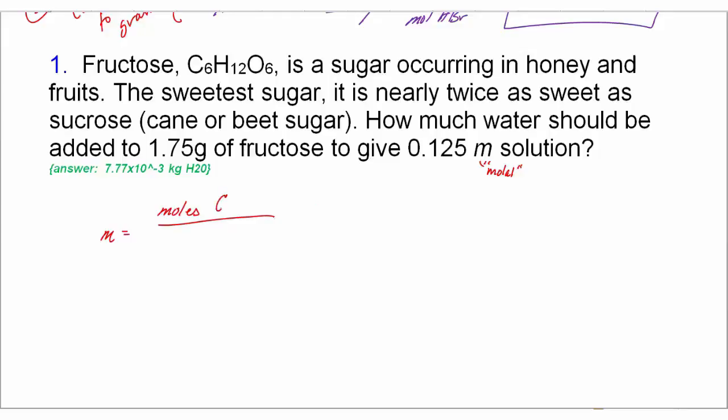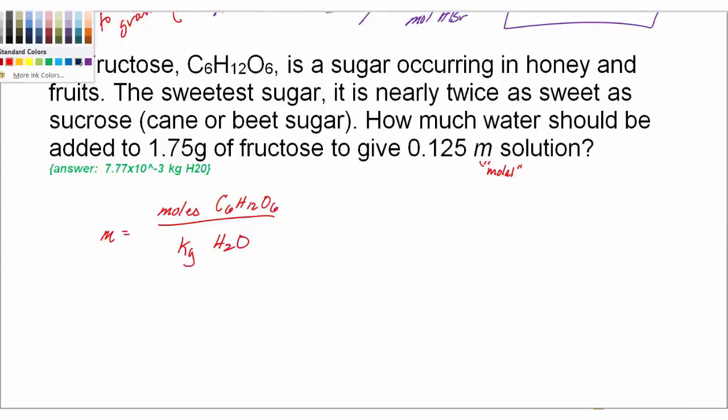It's that fructose. It's kind of easier, I think, if you do that. Instead of writing the word solute, and instead of writing the word solvent, just write what it is, and it's water. Okay? So that means little m, they said, is 0.125.